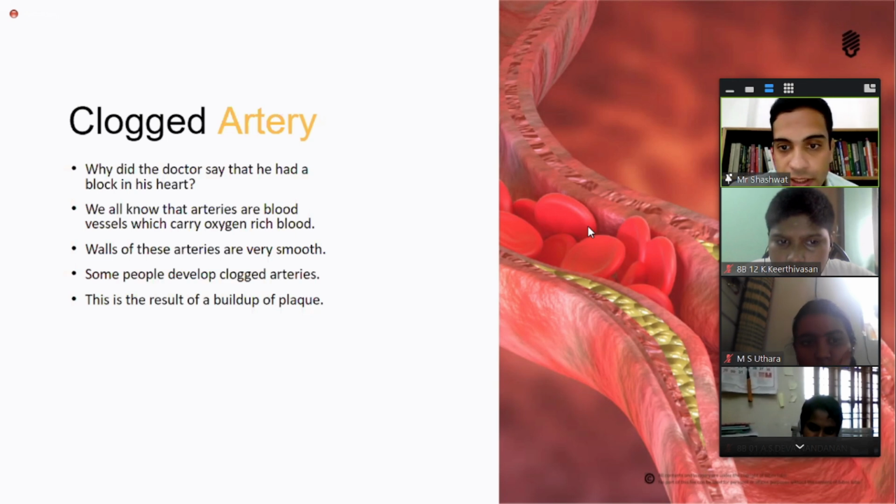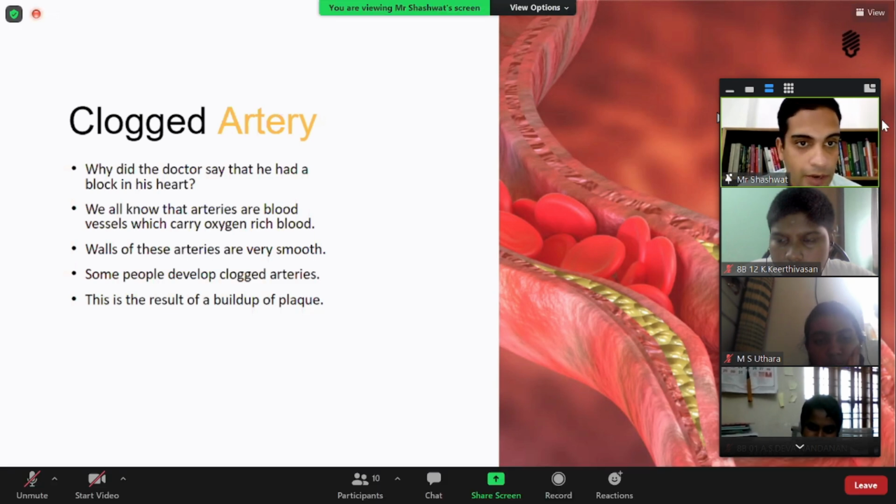Because of this plaque buildup, the oxygenated blood is not able to move forward. Can you see that? Okay. This yellow substance called plaque is what causes blockage inside our blood vessels.